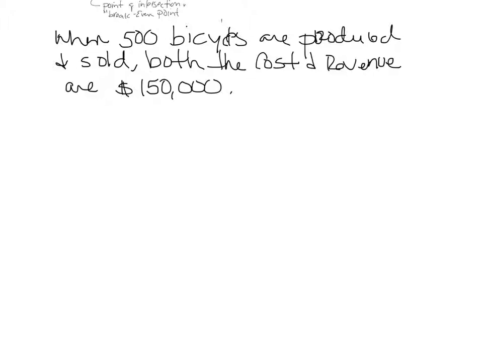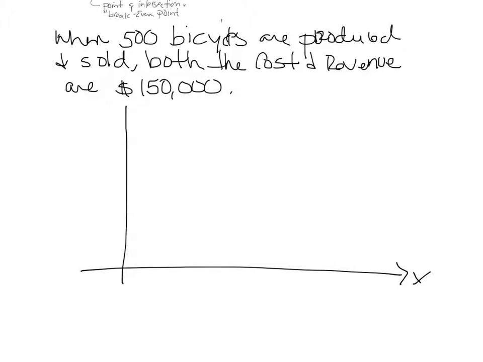We only need the first quadrant. Remember the x-axis represents the number of bicycles, number of bikes. And our y scale is our dollars, our money, our $150,000 cost and revenue.